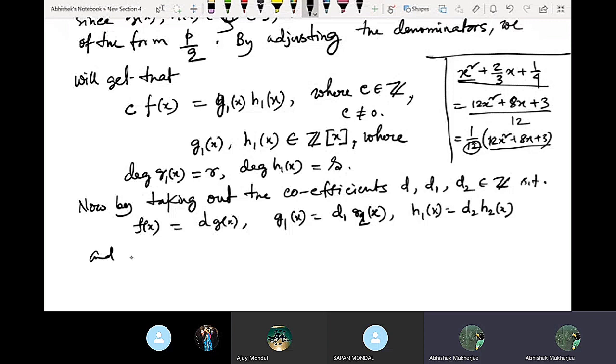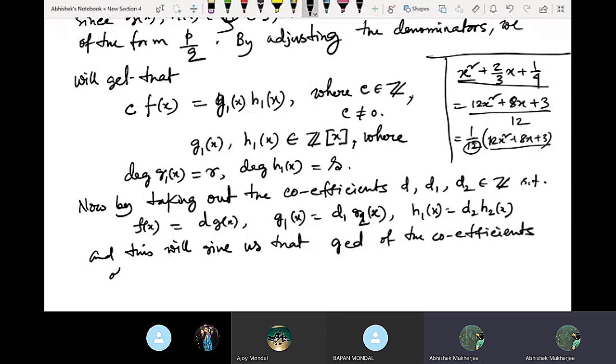And this will give us that the GCD of the coefficients of gx, g2x, h2x are exactly 1.